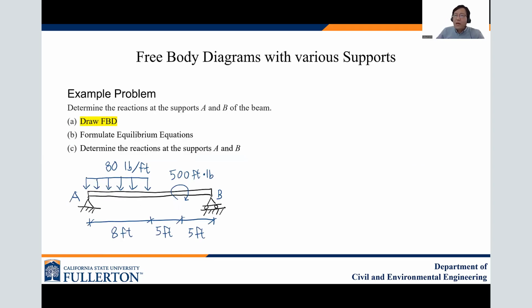An example problem is given in this slide. We need to determine the reactions at supports A and B. So let's try to draw a free body diagram. A is the pin support, B is the roller support.